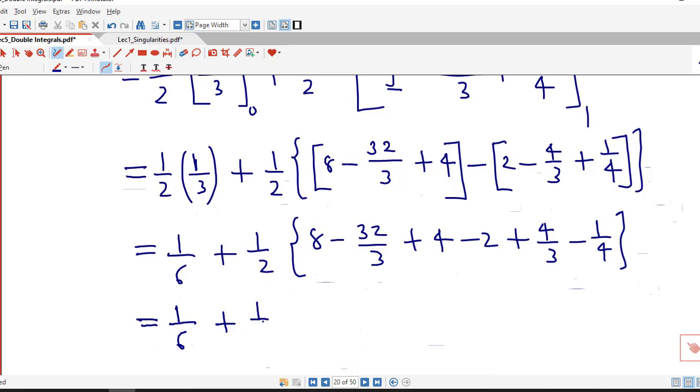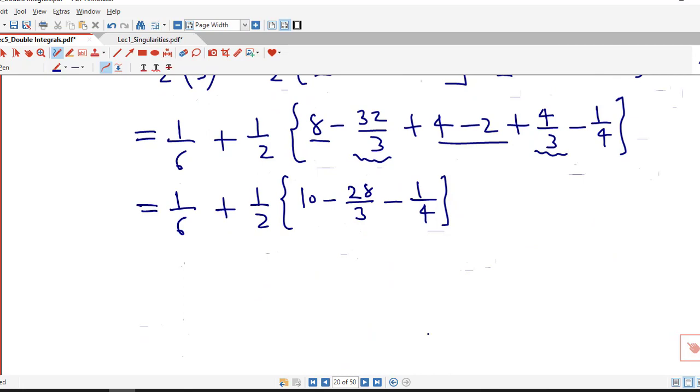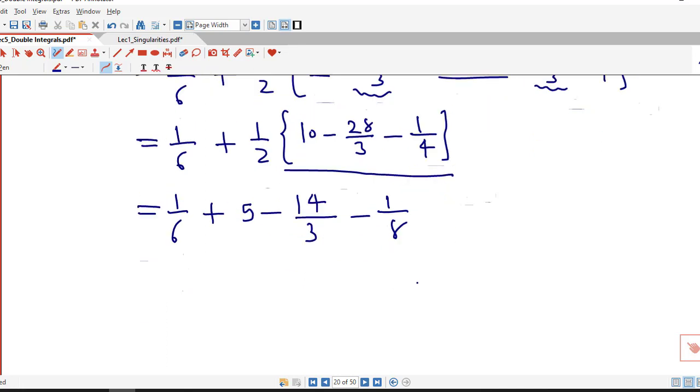So now this is 1 by 2, 4 minus 2, that is 2 plus 8, which is 10, minus 32 by 3 plus 4 by 3, that is minus 32 plus 4, which is 28 divided by 3, and minus 1 by 4 as it is. And we can multiply with 1 by 2 this bracket, so we have 5, and 14 by 3, and 1 by 8.